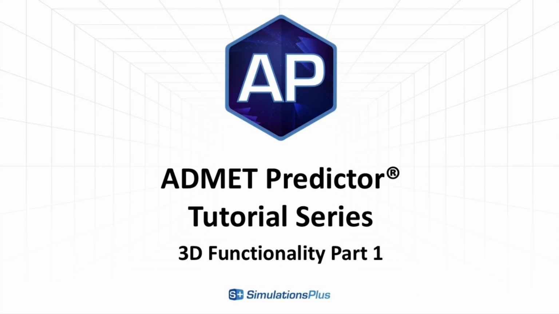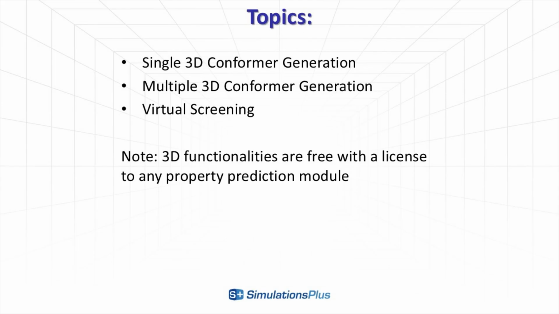Thank you for tuning in to this training video on 3D functionality within ADMET Predictor, specifically 3D conformer generation and virtual screening. Something I want to make clear at the outset is that all the 3D functionality I'll show today is free of charge for all clients with a license to any property prediction module.